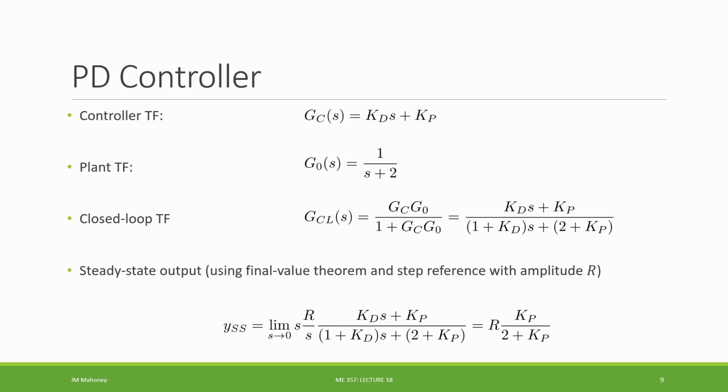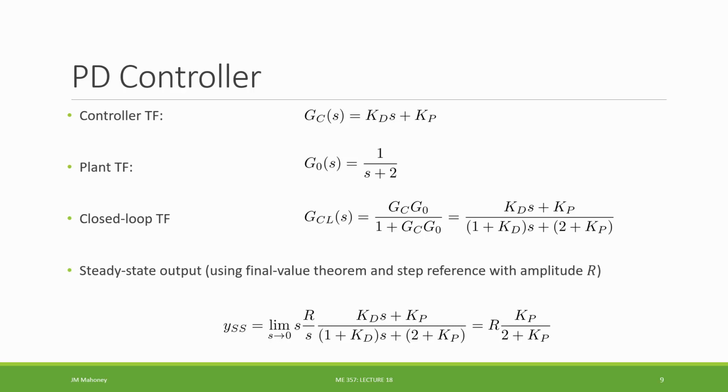Now, again, we do want to make sure the poles of sY(s) are all in the left half plane to ensure that we can use final value theorem. So I am making that assumption at the moment, but we do want to check that when we actually implement our controller. But either way, when I go through the algebra and evaluate s at 0, I get that the steady state value is, again, R times Kp over 2 plus Kp.